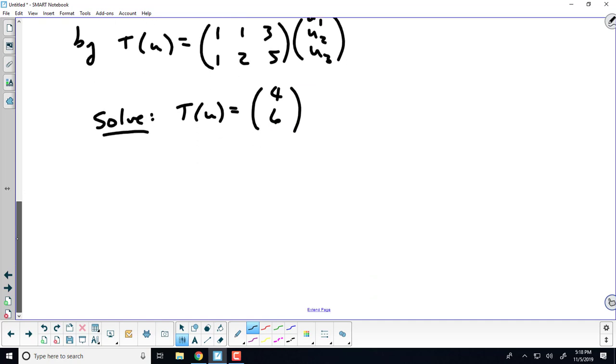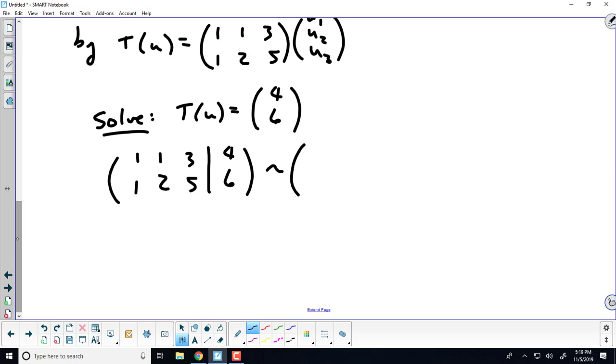So here we go. Just by following our work that we've done before, we don't have to do any new work. So we're going to take the matrix 1, 1, 3, 1, 2, 5, but join it with 4, 6, just as we've always done. So let's see, this gives us 1, 1, 3, 4, 0, 1, 2, 2, I think.